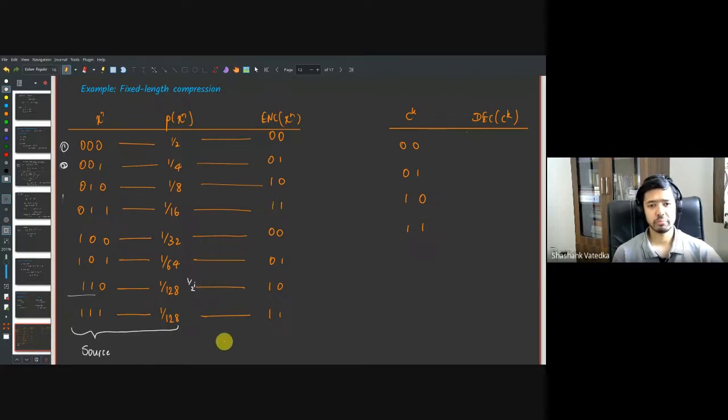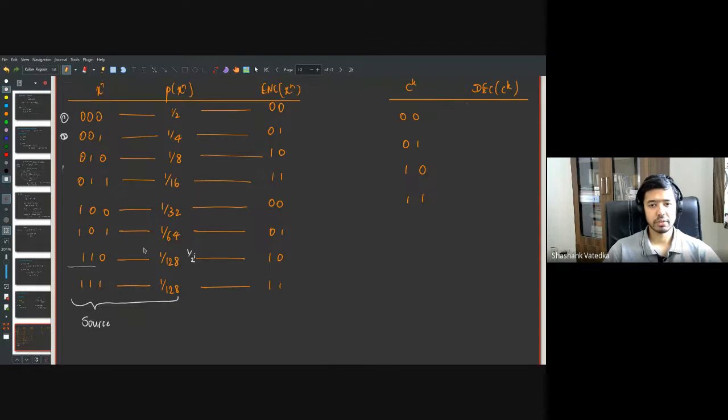So compression is basically either the compressor stores this table and it just does a lookup, or another way to implement this compressor is you just remove the first bit of the raw file and keep the rest.